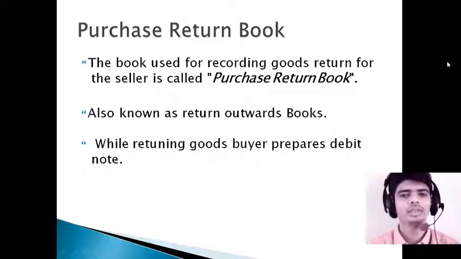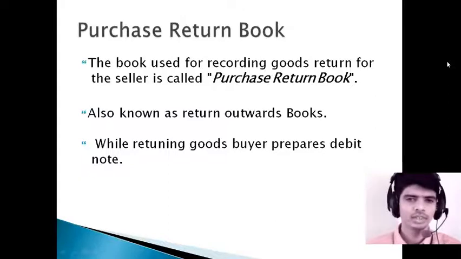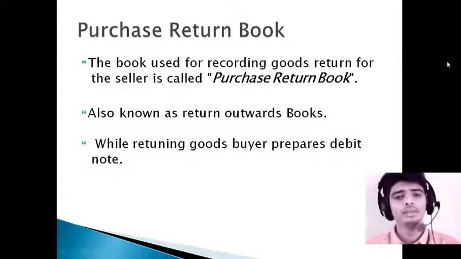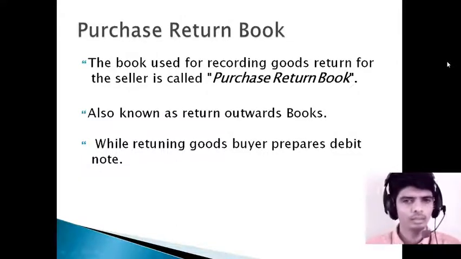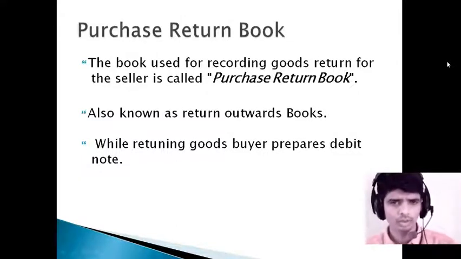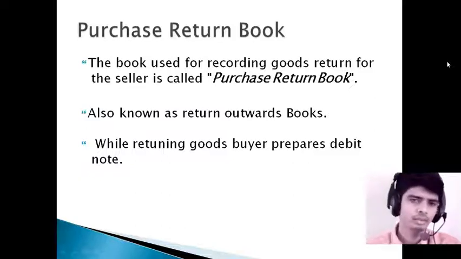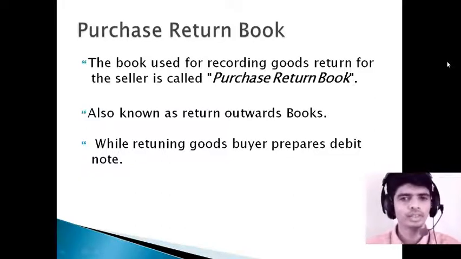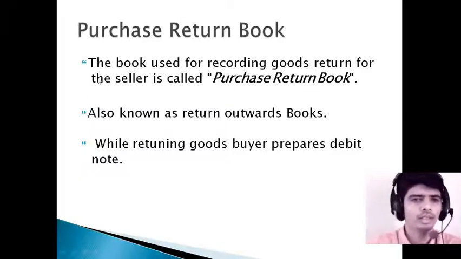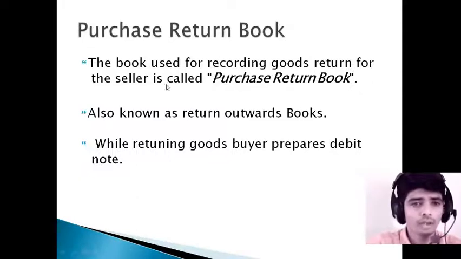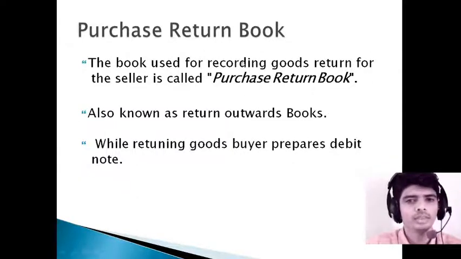Once again, I would like to tell you, so you don't get any confusion: the book used for recording the goods returned to the seller is called the purchase return book.